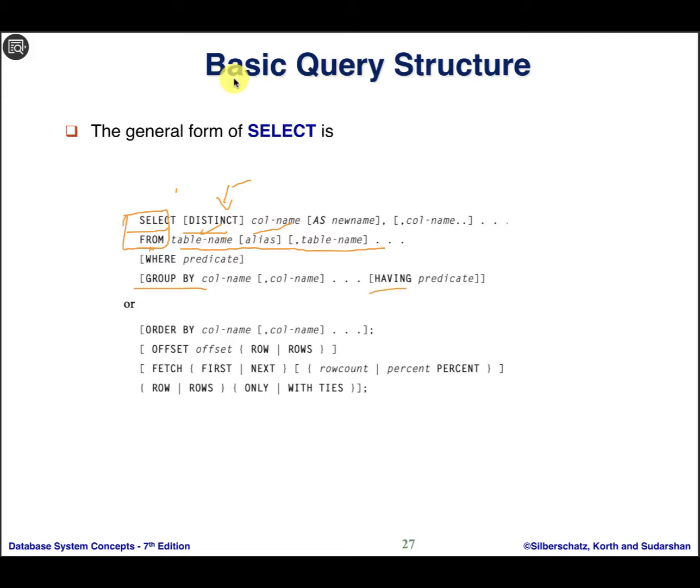We talk about the having, which allows me to filter the groups. After you group the data, assume that you need to compute, let's say, the maximum salary or the average salary per department for the instructors. So you get a department name, for example, and the average salary.